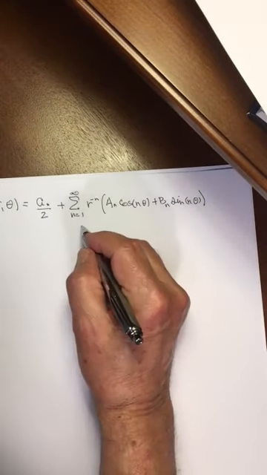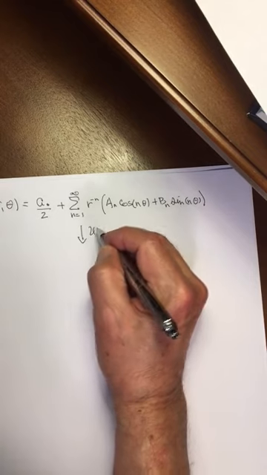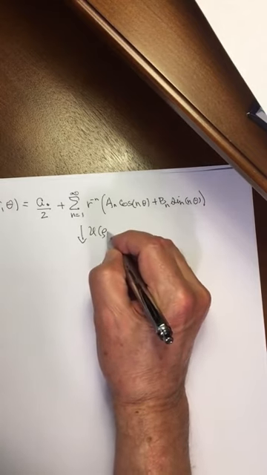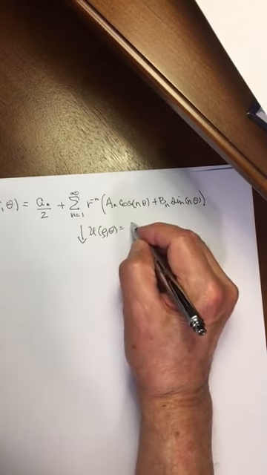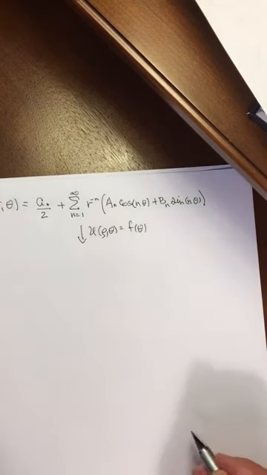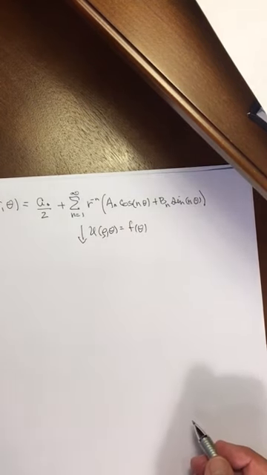The last thing to do is to apply our boundary condition that when we set r equal to rho, the result should reduce to our given function f of theta on the interval minus pi to pi.